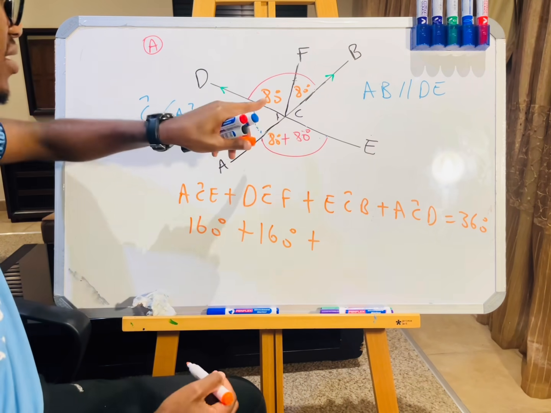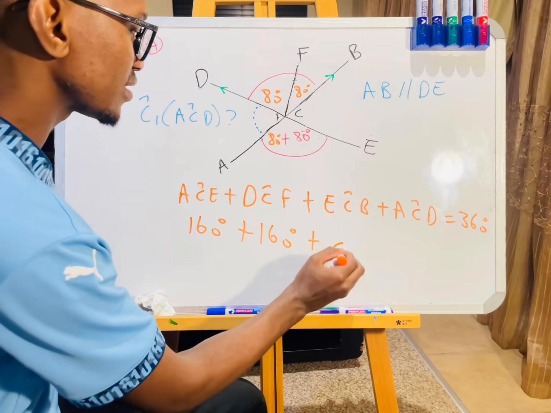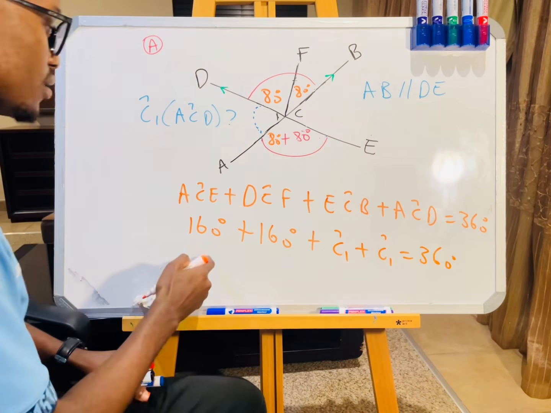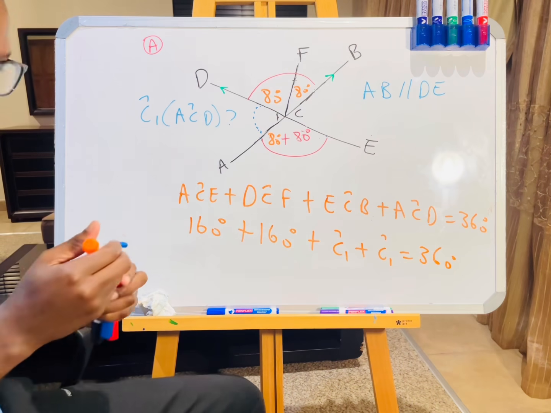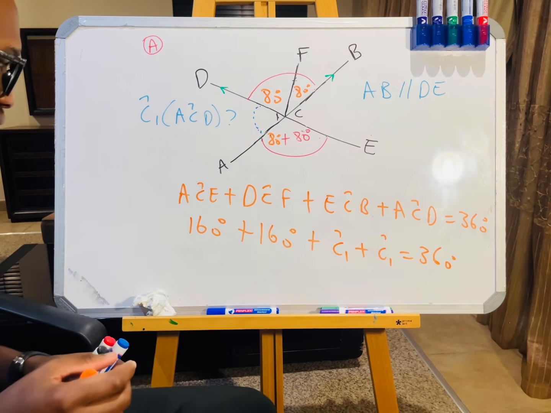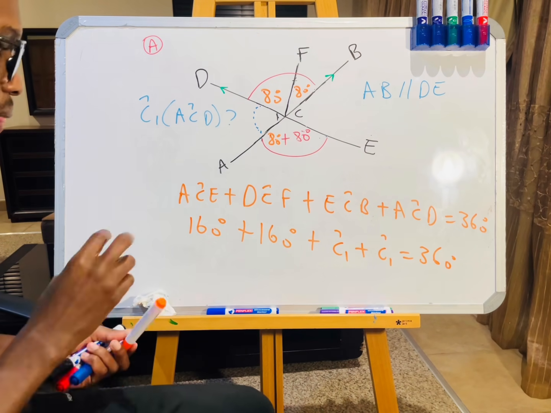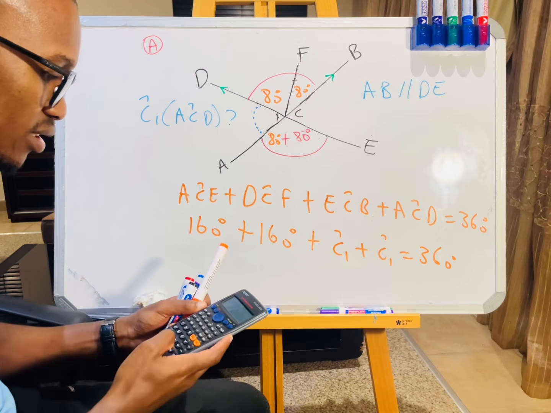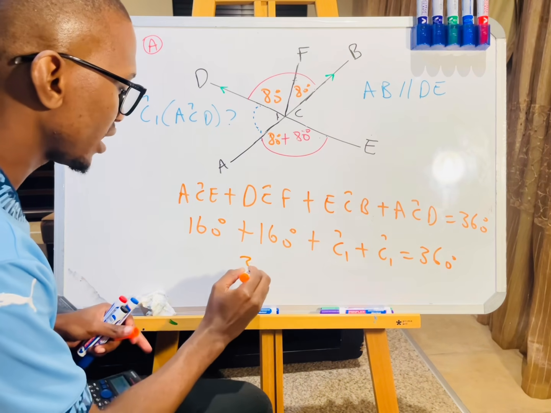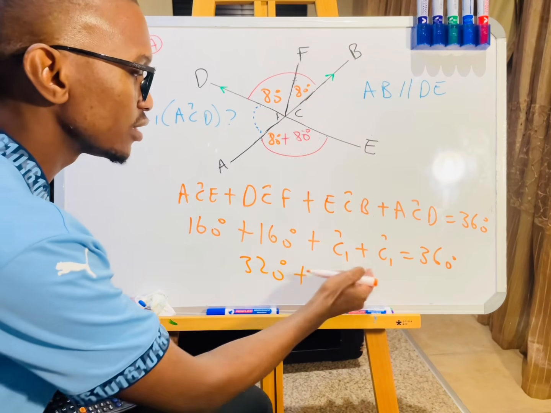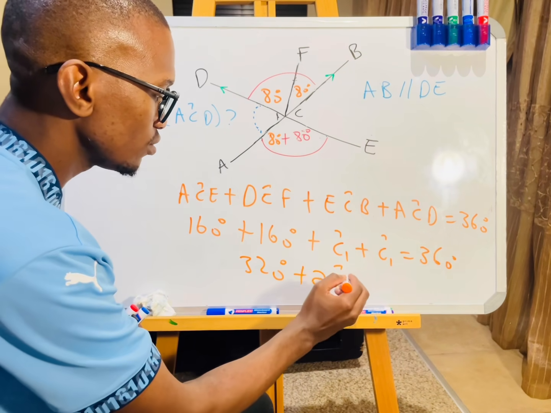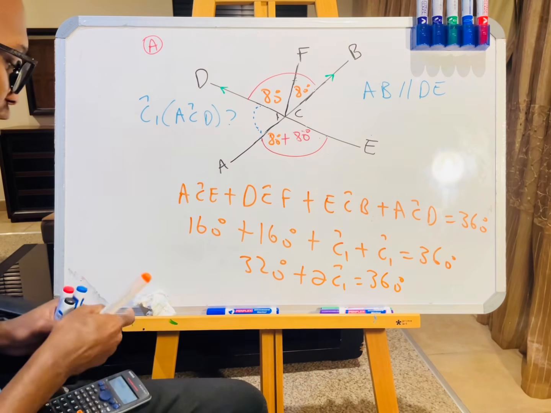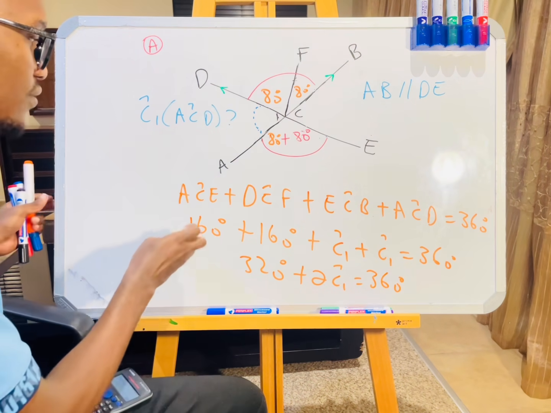So angle C1 is the same as this one. So angle C1 plus angle C1 equals 360 degrees, then 160 plus 160, which is basically 320. So I'm going to have 320 degrees plus these two, which are the same. We're going to have 2 angle C1, which equals 360 degrees. Then we need to find the like terms and find our angle C at the end of the day.